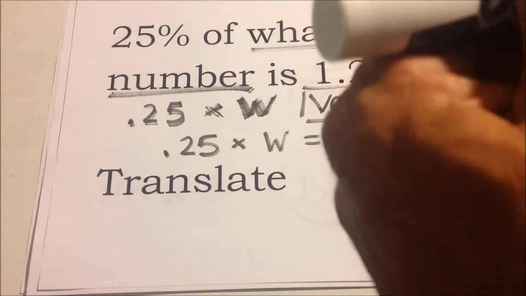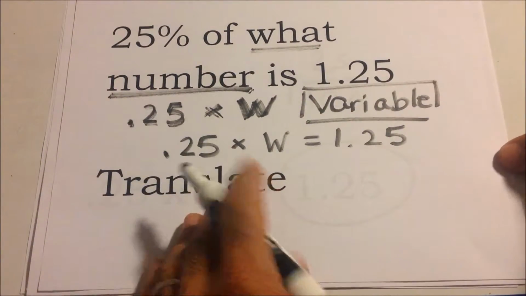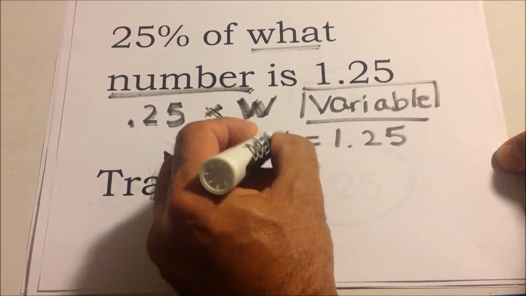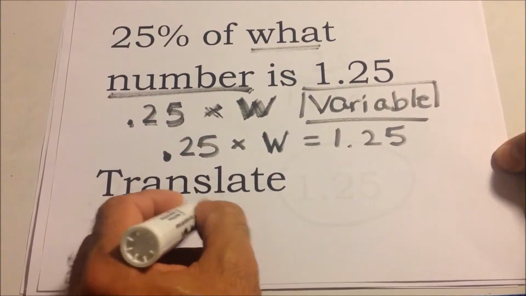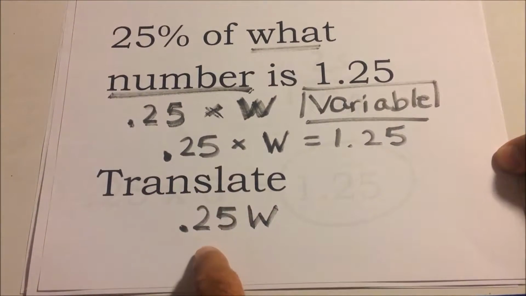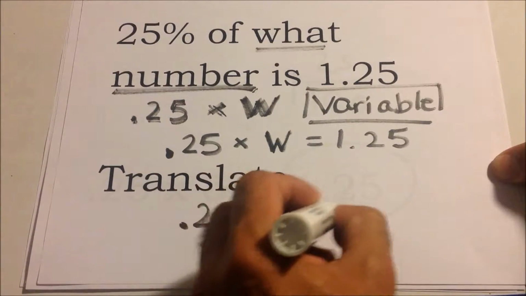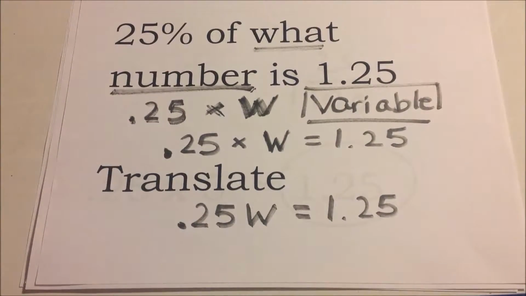Now, there's something else you can do when you see a number next to a letter. Here we have a number, 0.25, and we're multiplying it next to a letter. So instead of saying times W, we don't have to put the times sign, we can just put the letter. Because this means 0.25 times W. Let me go over that with a simpler number first.